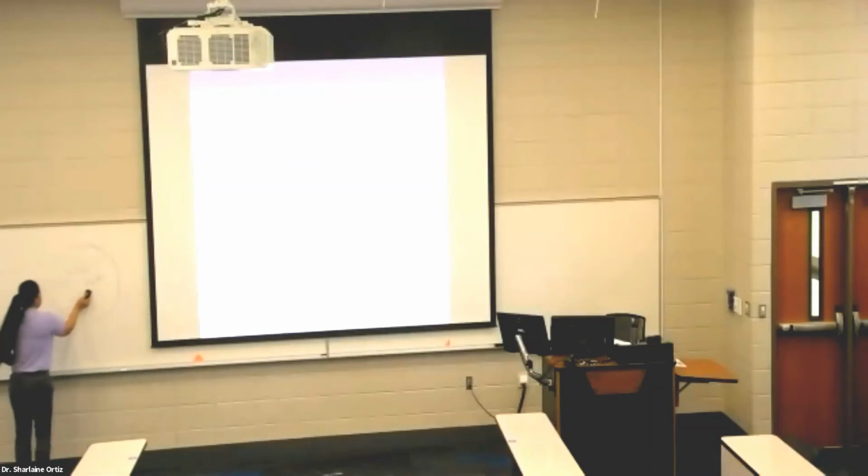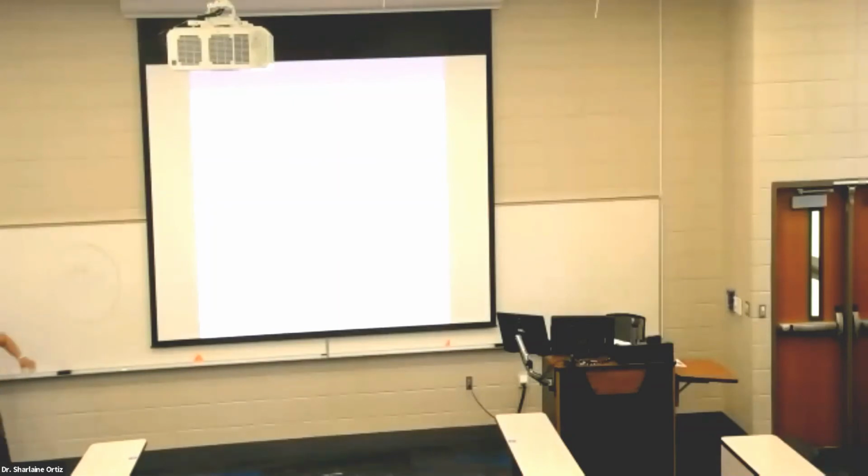So let's say we're only interested in the population at this university. It will be impossible, if not unlikely, for us to talk to every single student on this campus about their school anxiety.